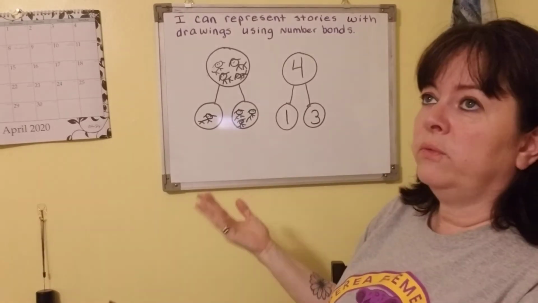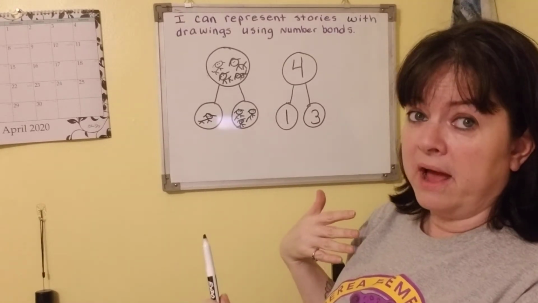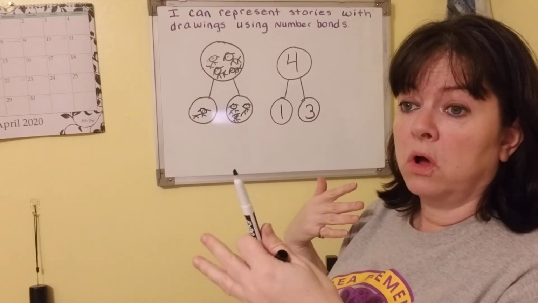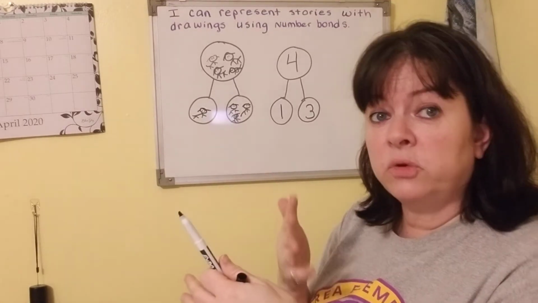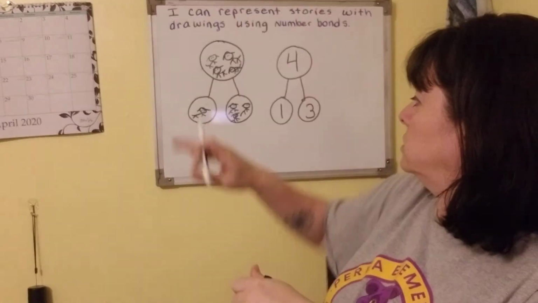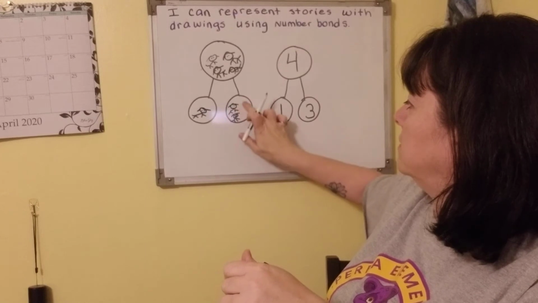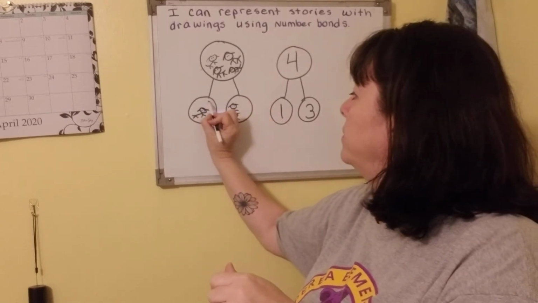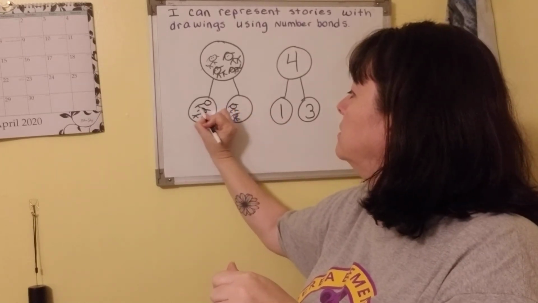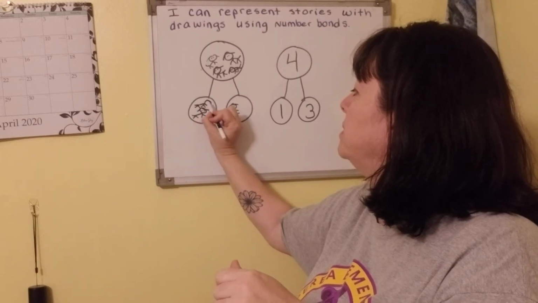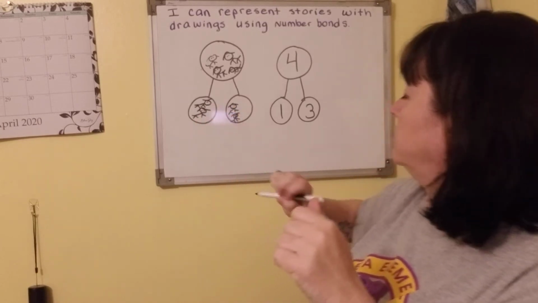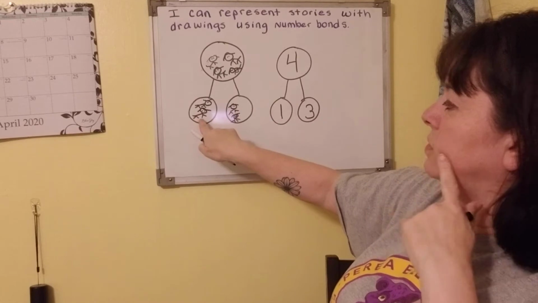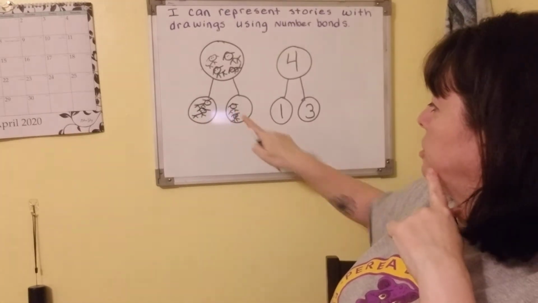Another way you could do it is, I have 2 old dogs and 2 very young dogs. So that would look like this. I'll put Elliot over here because him and Pepper, they're the puppies. And so now I have 2 and 2.